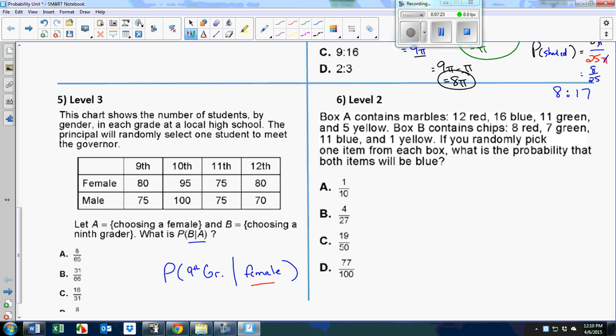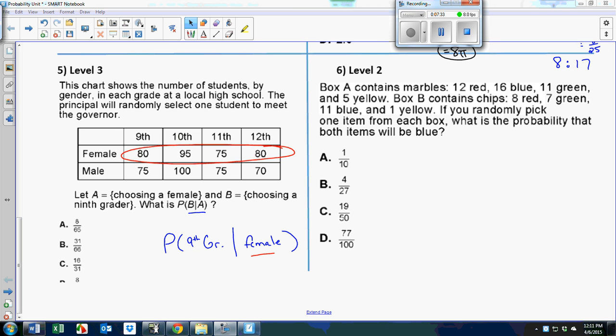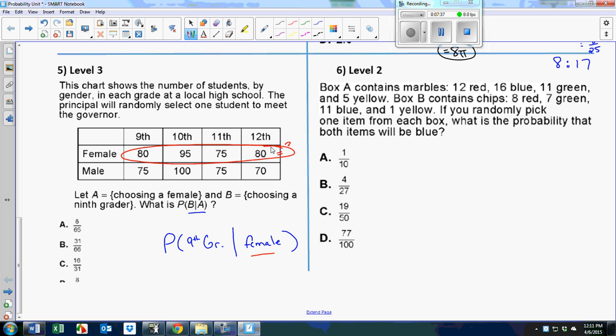Everybody in the school doesn't fit the given condition, only these people, which when added gives you a total of 330 females. Of those 330 females that fit the description of given female, what's the probability of selecting a ninth grader?